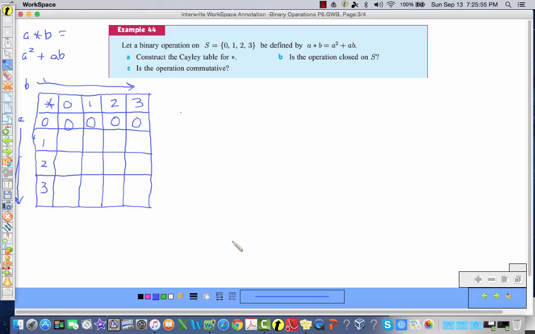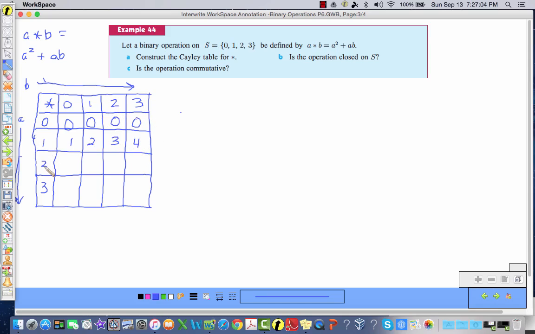For 1 star 0, 1 squared plus 1 times 0 is just 1. 1 squared is always going to be 1, so it's always going to be 1 plus 1 times B. So 1 plus 1 times 1 is 2, 1 plus 1 times 2 is 3, and 1 plus 1 times 3 is 4.